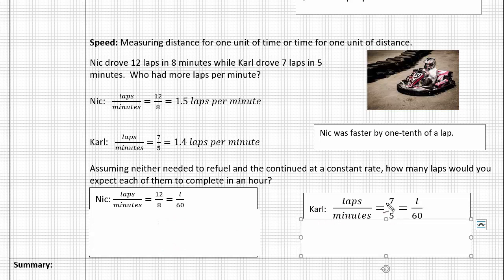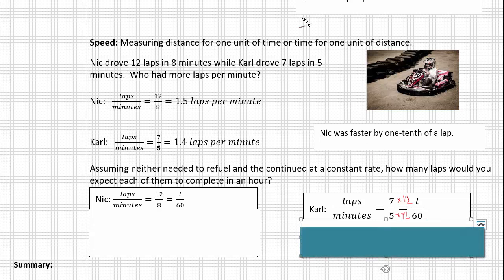But over here for Carl, in this setup, I do know that 12 times 5, or 5 times 12, is equal to 60. So then I could also just multiply 7 by 12 to keep my ratios proportional and equal. And 7 times 12 will tell me how many laps he can do in 60 minutes or how many laps he can do in 1 hour.